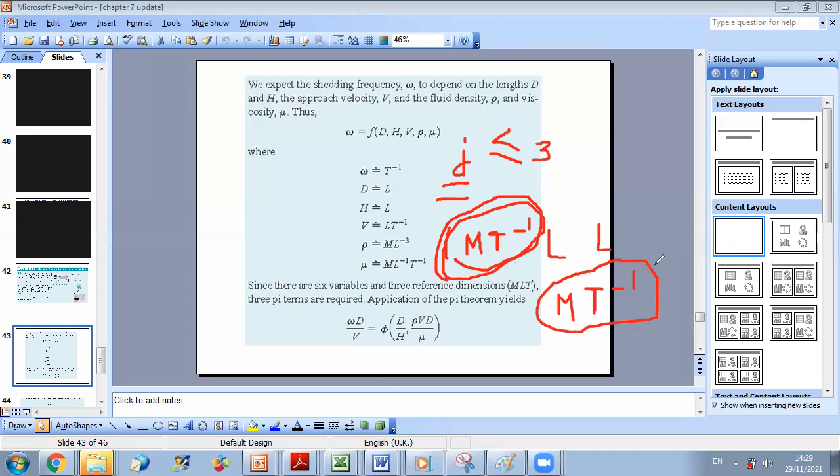So if you connect these 3, MT^-1, L, L, and MT^-1, you can form a group between them, because MT^-1 can cancel, and you can divide this variable by this variable times this one, okay, and you will get a dimensionless group. Let's say this is variable A, this is variable B, and this is variable C. You can say that A over B times C has no dimension.